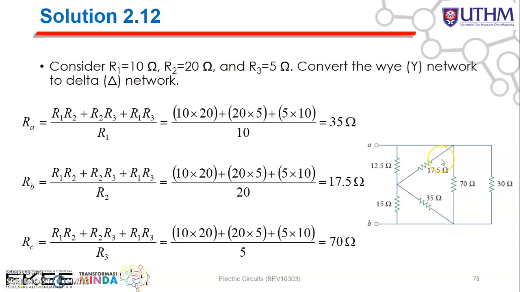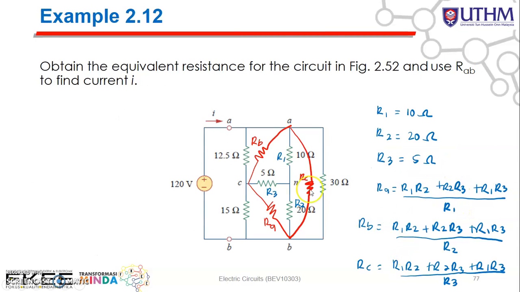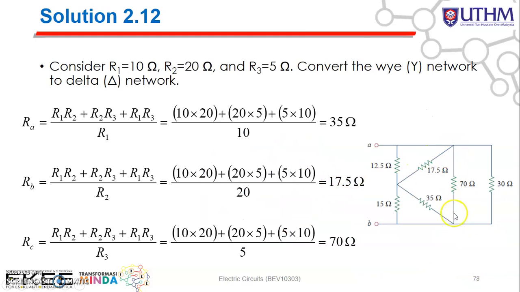Okay, so based on the figure that you have just now, you can redraw your circuit into this one. From the previous slide, you now have RC parallel to the 30 ohm, so your RC now is 70 parallel to the 30 ohm.